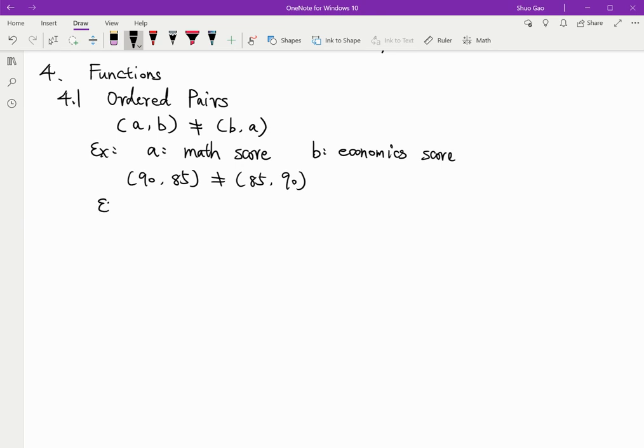For another example, I think you already know this is an example of a rectangular, or we also call this Cartesian, coordinate plane.